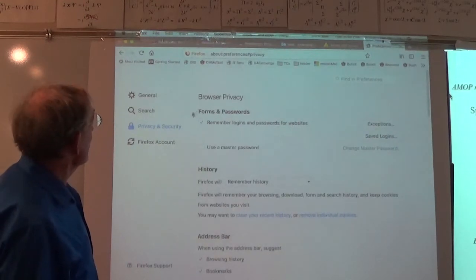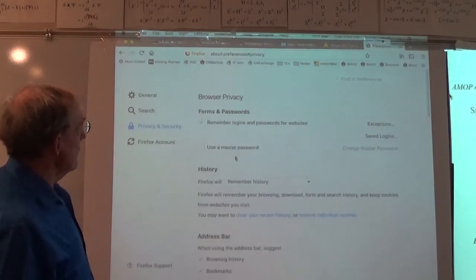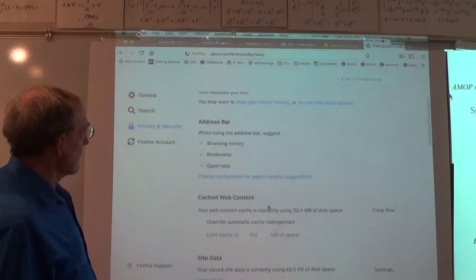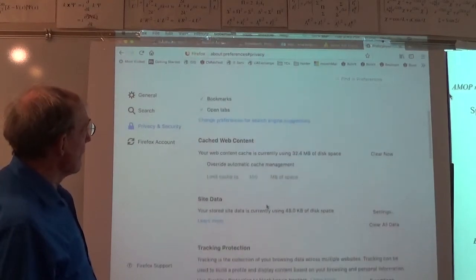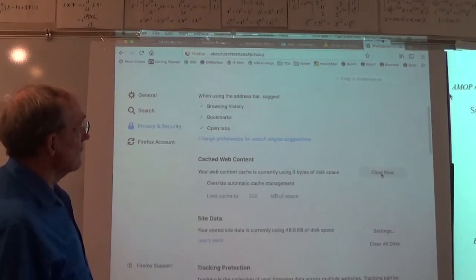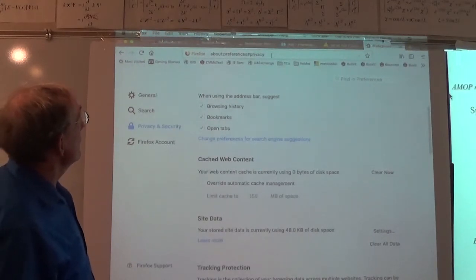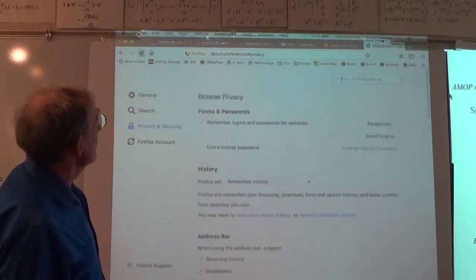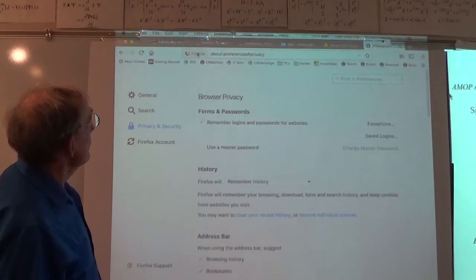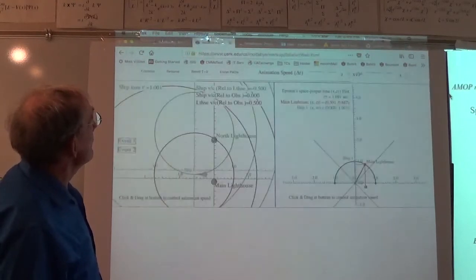Where is that? Privacy and security. Doesn't make it easy to find that. Firefox does have it in a squirrely spot. Here we go. Clear now. Clear that. See if that works. Okay, and then let's redo it. See if it will pick that. Doesn't seem to be working too well here.